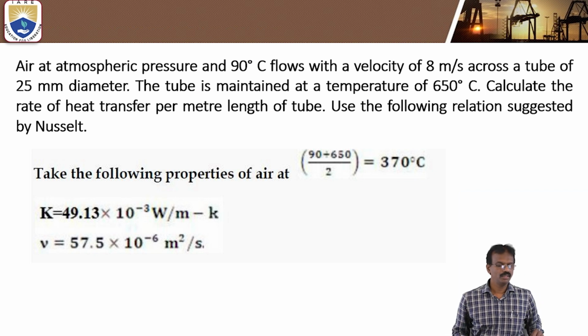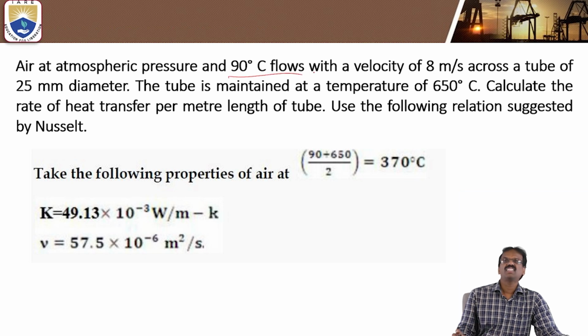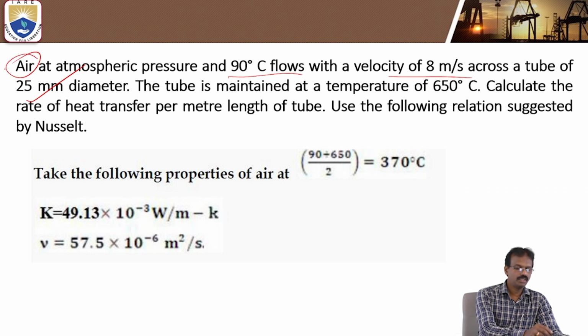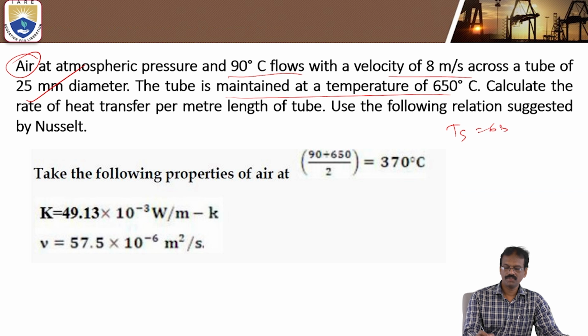Air at atmospheric pressure, at 90 degrees Celsius, flows with a velocity. Here also, velocity is given, so we can understand this is forced convection. The diameter of the tube is also given. The fluid is air. The tube is maintained at Ts equal to 650.